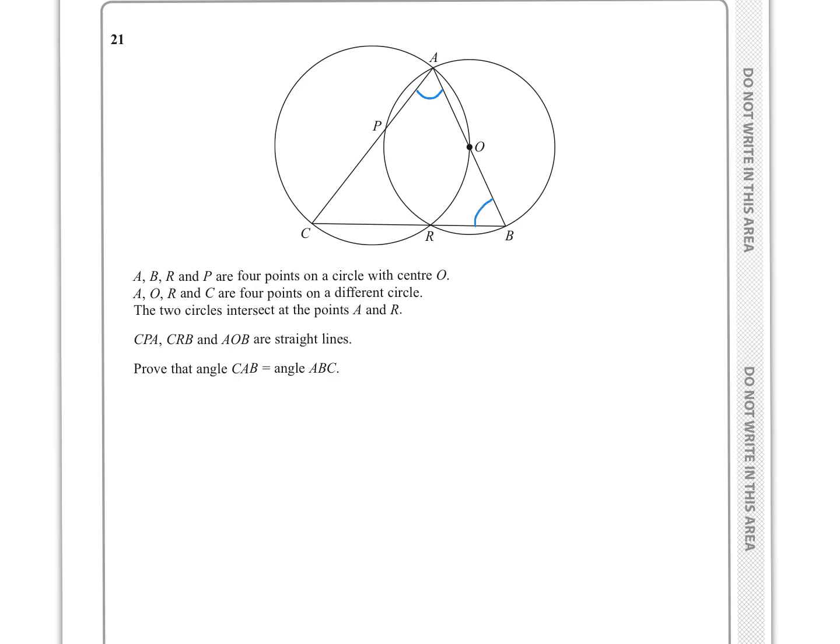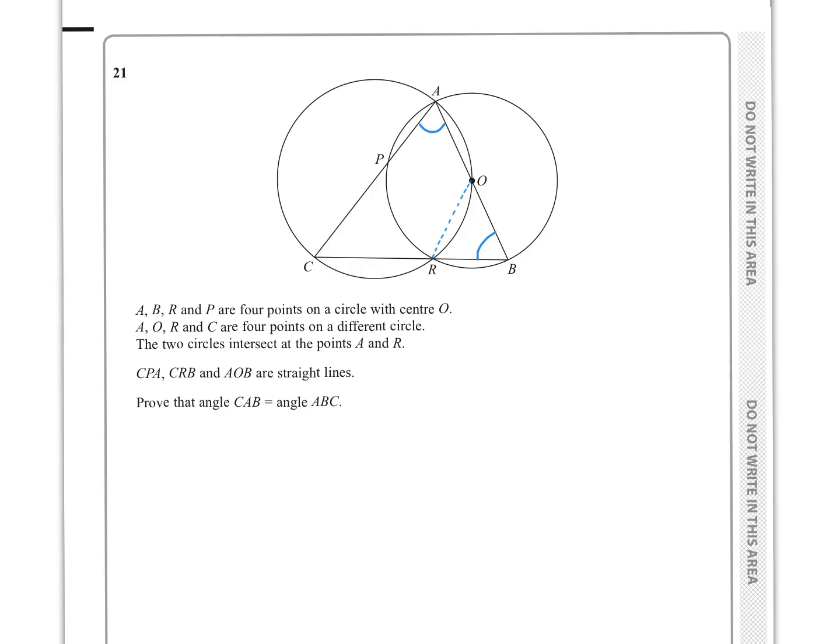Well, the first thing I'm going to do is label one of the angles. So let's have a look. I think I'm going to make a radius happen here, and I'm also going to look at this circle, the larger one.